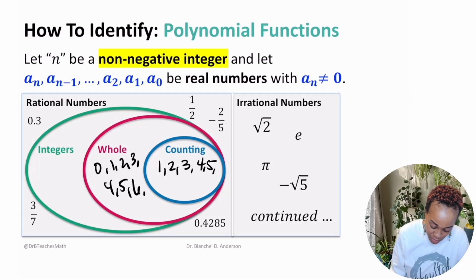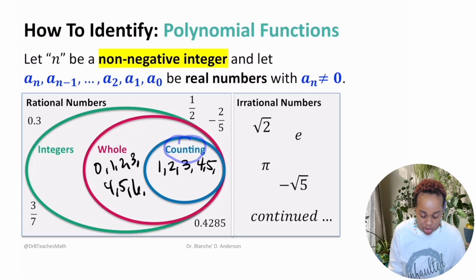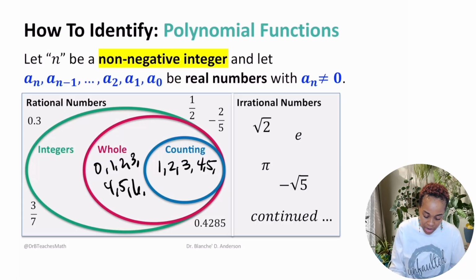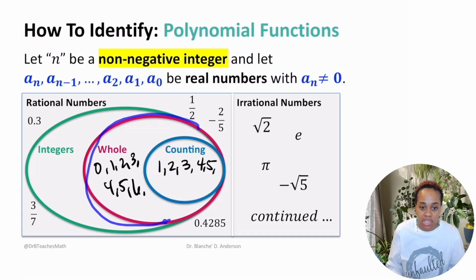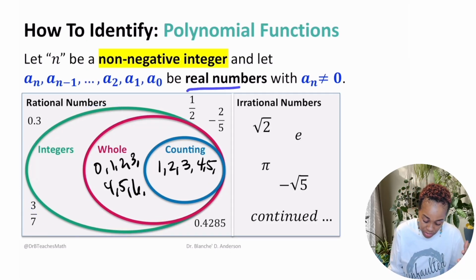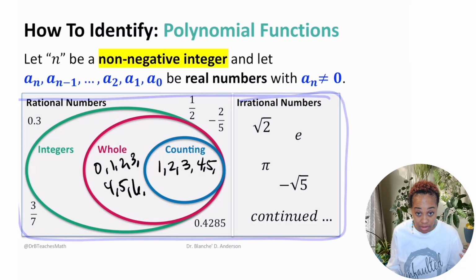The only difference between counting numbers and whole numbers is that now you've incorporated 0. And then you jump into integers. Notice counting numbers is small, then whole numbers includes your counting numbers, and then integers includes whole numbers and counting numbers. So when they say real numbers, they mean anything in this box here.